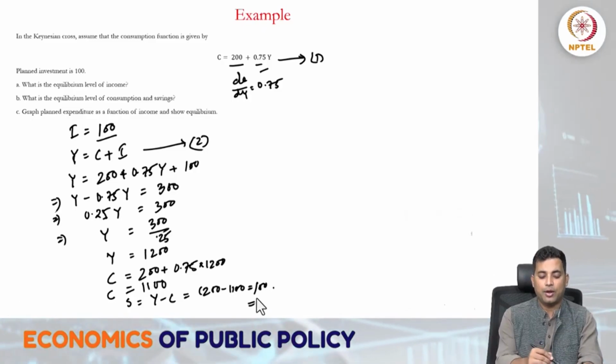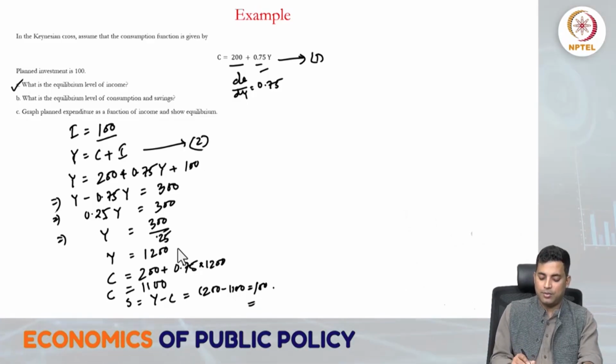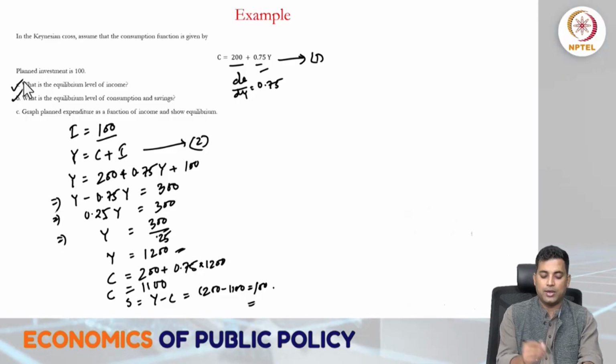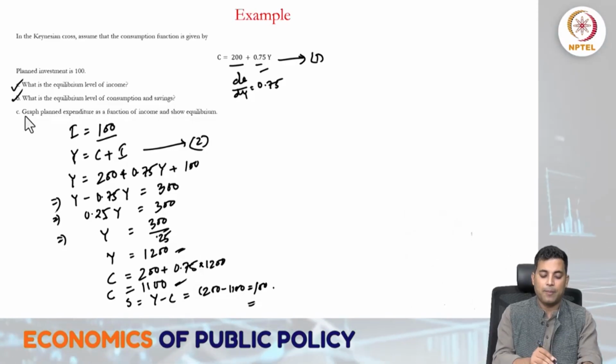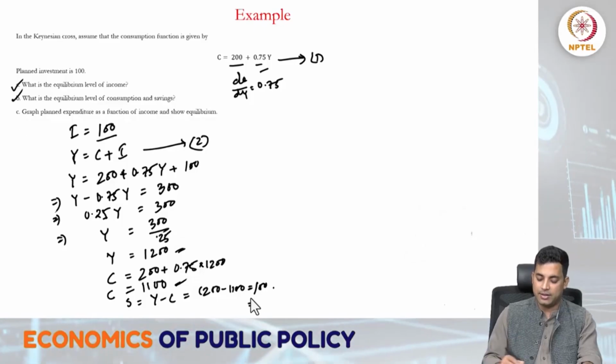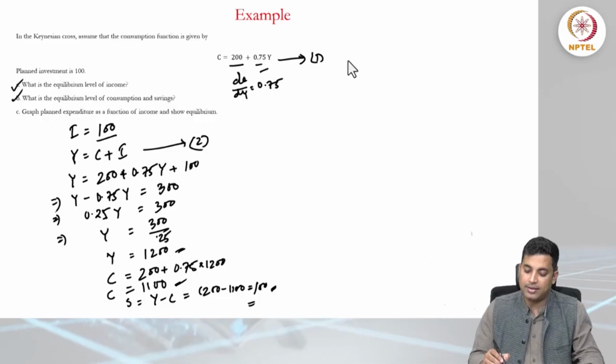So we know the total level of income is 1200, the equilibrium level of consumption is 1100, and the savings level is 100. Then graphically we can plot this.